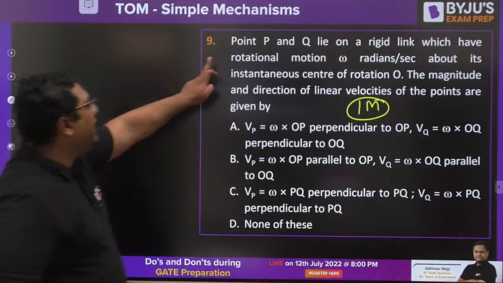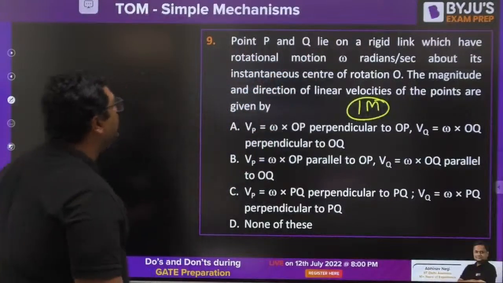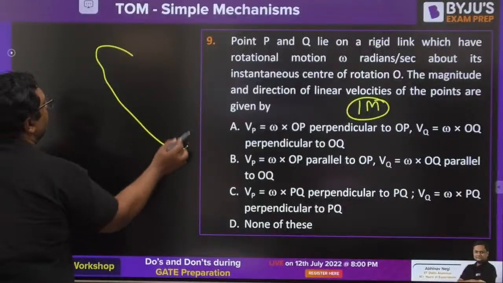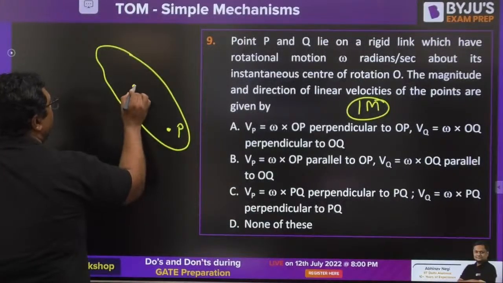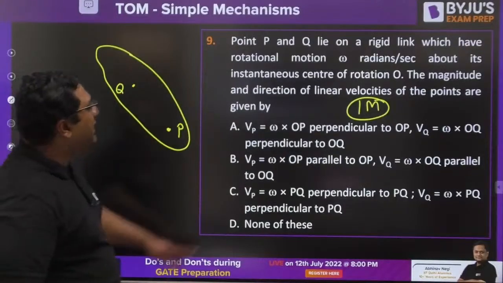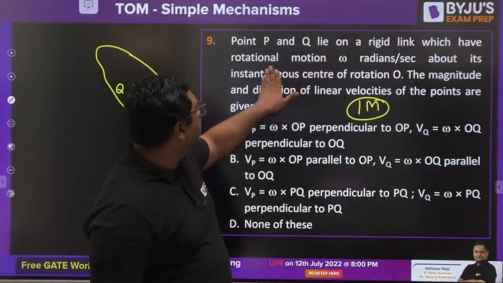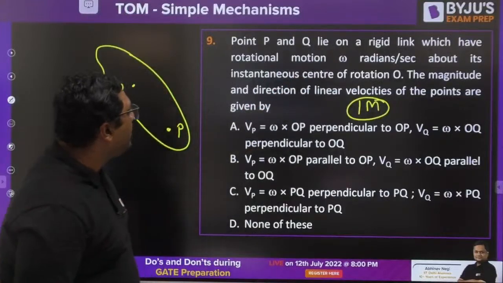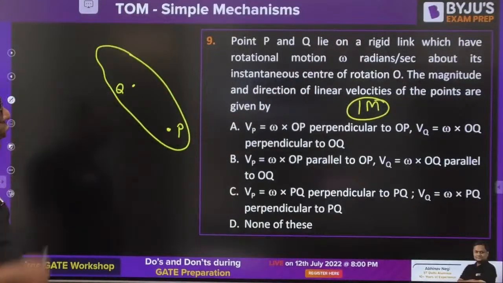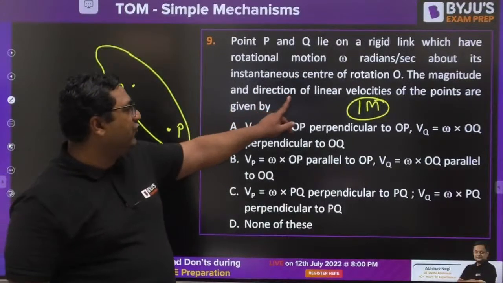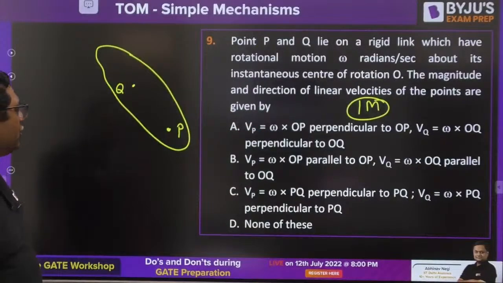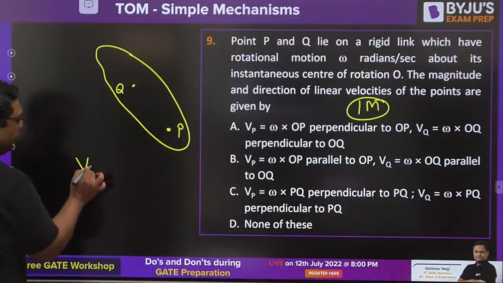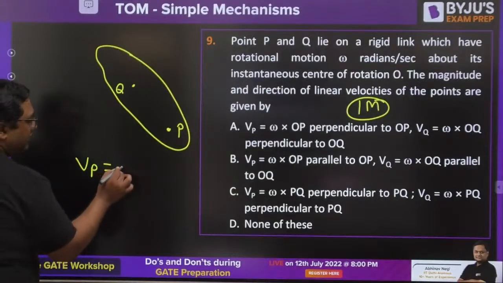So, points P and Q lie on a rigid link. This is a rigid link. This is point P. This is point Q. They are saying the link has rotational motion about its I center of rotation O, and the magnitude and direction of linear velocity of the points are given as. So obviously you will write the velocity of P as OP into omega, since O is the I center.